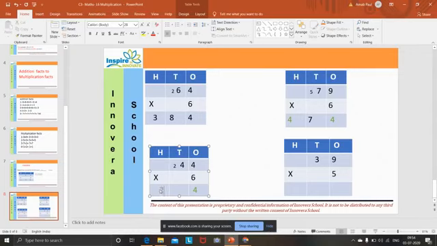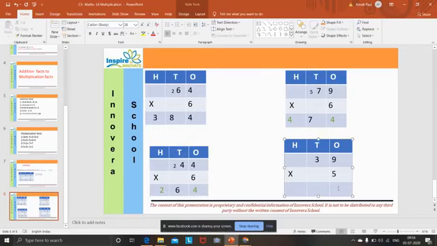So the answer will be 264. 264 is our product, and 44 and 6 are the factors. So 6 4s are 24, we carry 2 at the top, 24 plus 2 is 26.